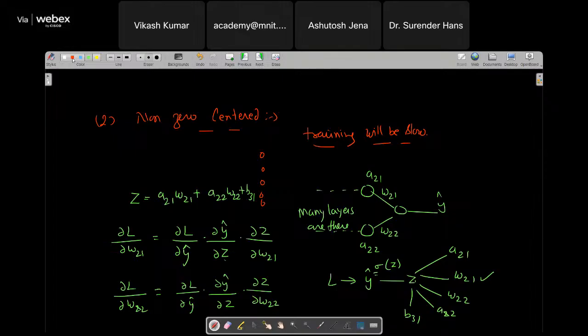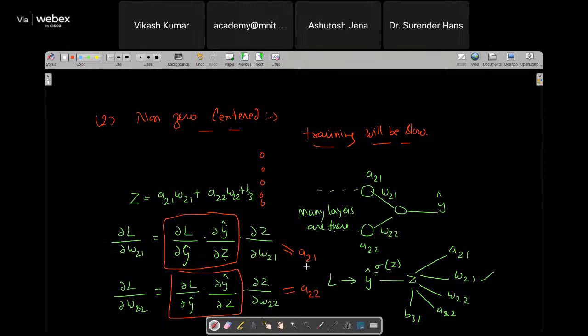Now you see this term and this term remain the same here. And dou Z by dou W21, because Z is this expression, will be equal to A21, and dou Z by dou W22 will be equal to A22.